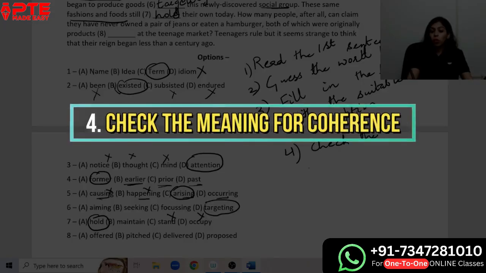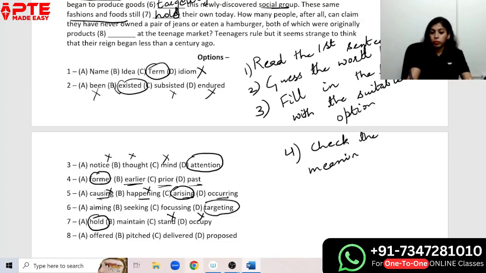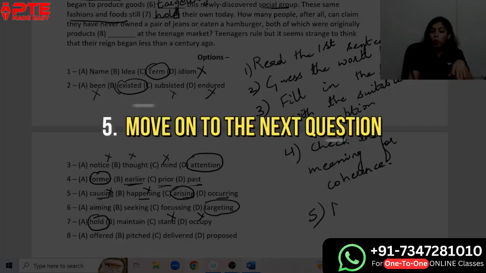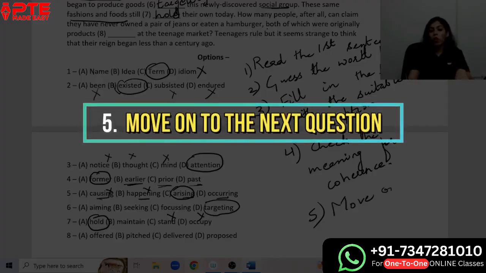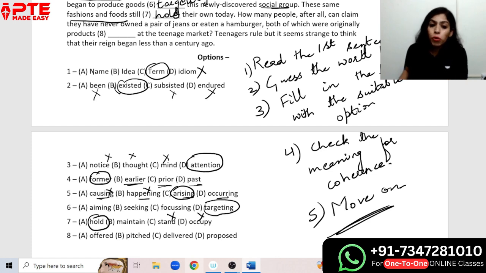And lastly, once you have checked the meaning and the coherence and noticed that the answer is correct, simply move on to the next question. This strategy we use for reading fill in the blanks as well as reading and writing drop down blanks. Never forget this strategy. Simply use it whenever you are doing such questions.